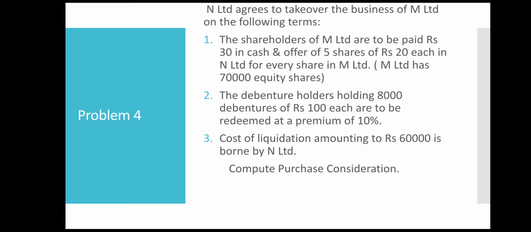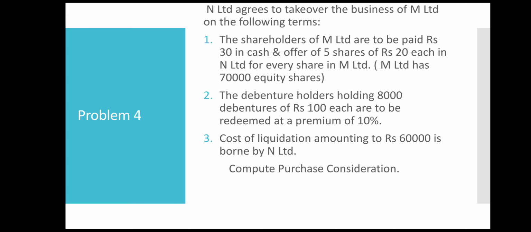Next, cost of liquidation amounting to rupees 60,000 is borne by N Limited. So here they are speaking about cost of liquidation which is borne by N Limited. Now N Limited is the transferee company or the purchasing company, and if the purchasing company is paying liquidation expenses, we have to consider it in purchase consideration.